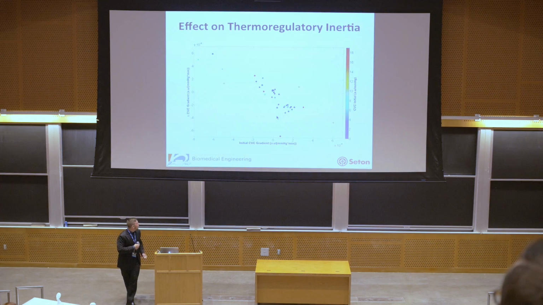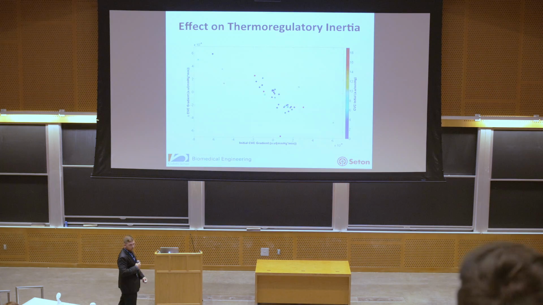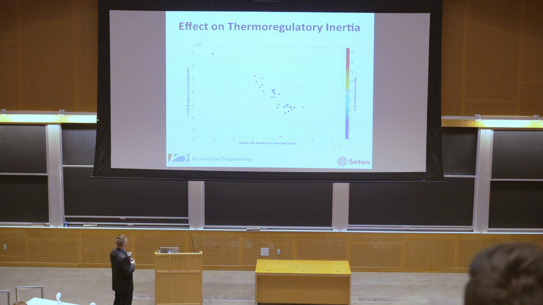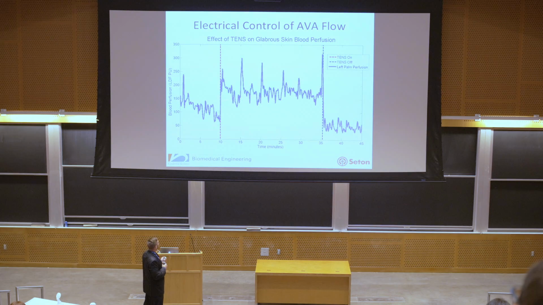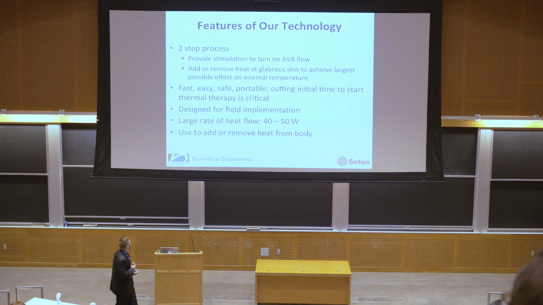Okay, so this is a more computational way of describing this: the cardiovascular conductance gradients and the change in the cardiovascular conductance to basically show that this works. You have polymer perfusion data that basically reiterates what I've been talking about.